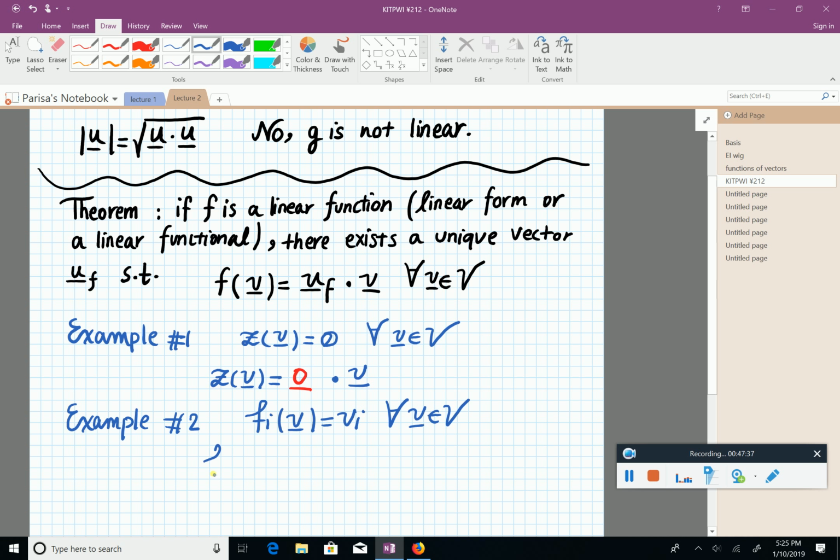So now if I want to apply this theorem, what is the mysterious unique, in this case u sub f? Exactly. Right? So it's kind of a fun theorem.